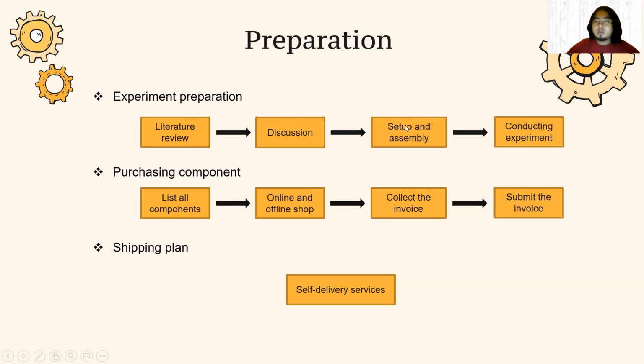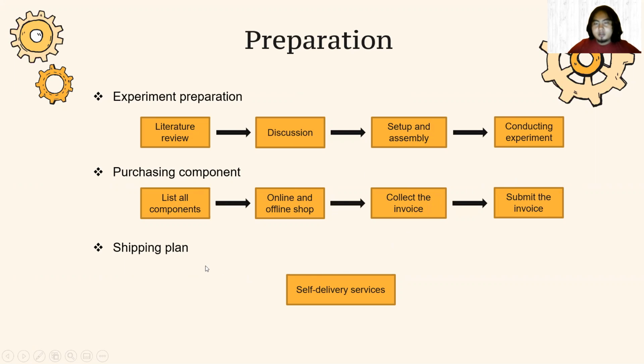However, before we do the setup and assembly, we need to buy the components needed. Therefore, we need to list all the components. After we have the list, we'll buy the components either in an online shop or an offline shop. We will also need to collect the invoice and submit it to the supervisor.